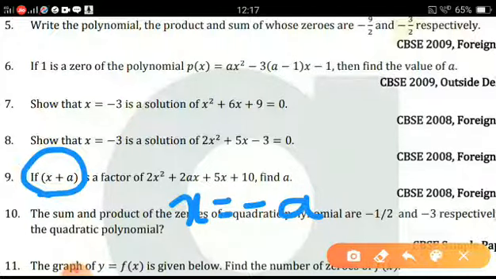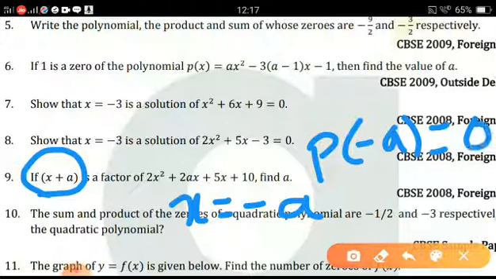That means what condition will be satisfied? The condition satisfied will be p of minus a equal to 0. Okay. So substitute x as minus a, and then see what you are going to get as the value of a.